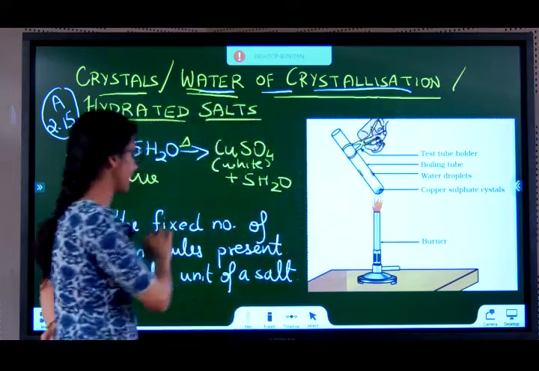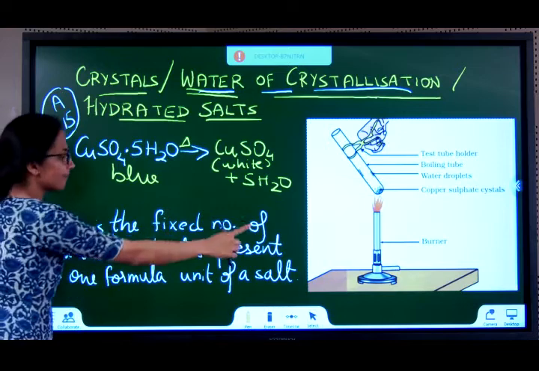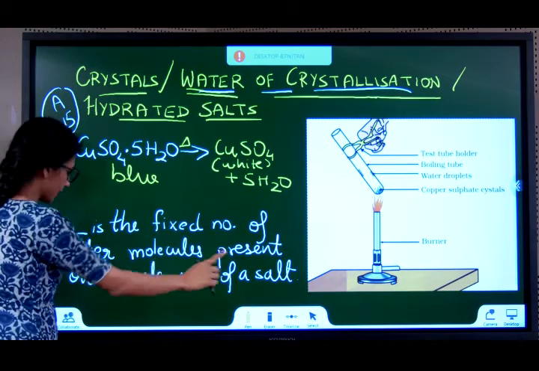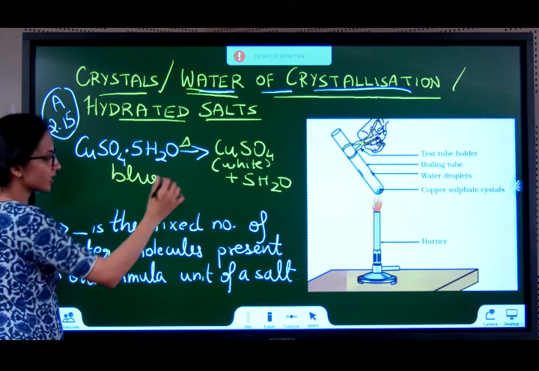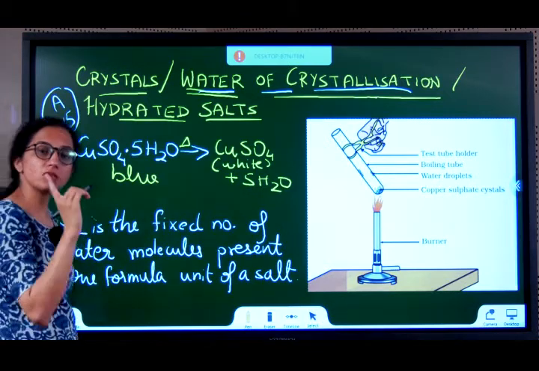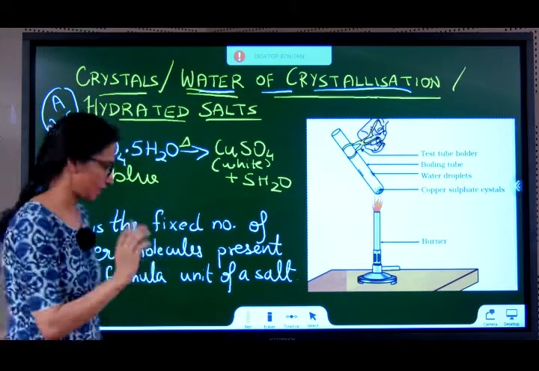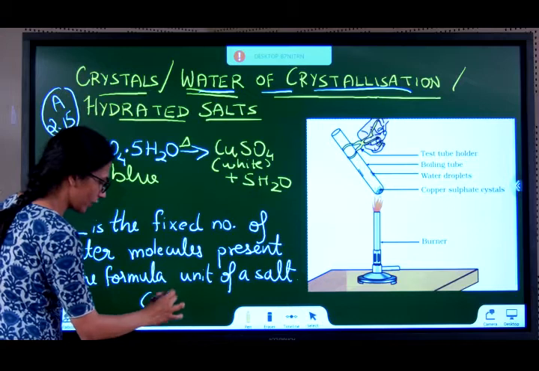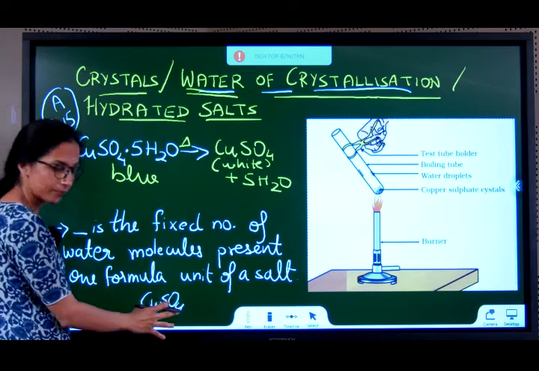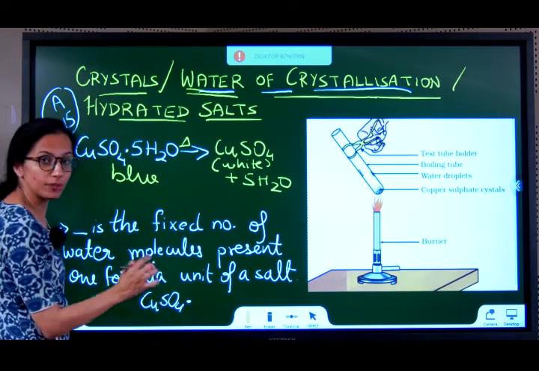Water of crystallization is the fixed number of water molecules present in one formula unit of a salt. Meaning, what is the formula unit of copper sulfate? What is one formula unit of copper sulfate? If I want only one formula of copper sulfate, that means I am taking only one molecule of copper sulfate. How many water molecules does it need to become a crystal?